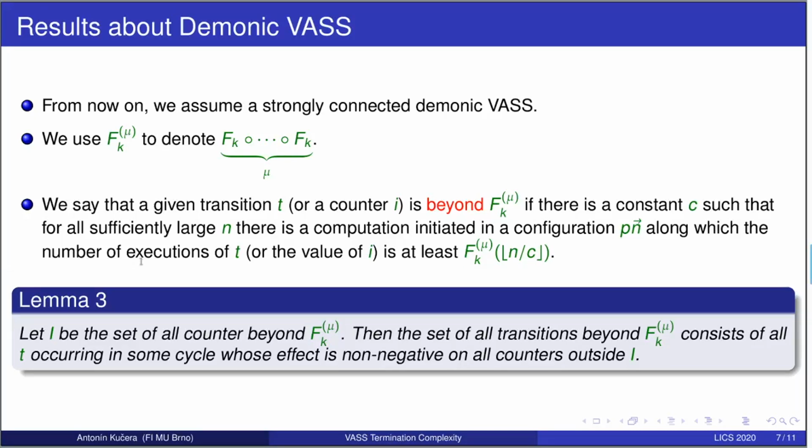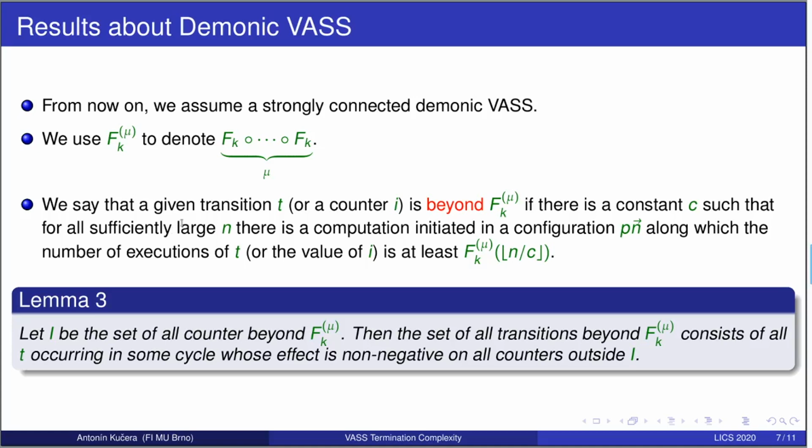For simplicity, from now on I assume that our demonic VASS is strongly connected, and for every k and every positive integer constant mu, I use this symbol fk^mu to denote the composition fk after fk, mu times. To understand the termination complexity of our demonic VASS, we need to understand the complexity of individual transitions and counters.